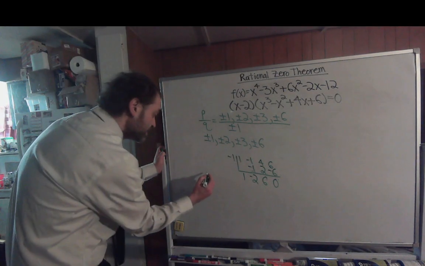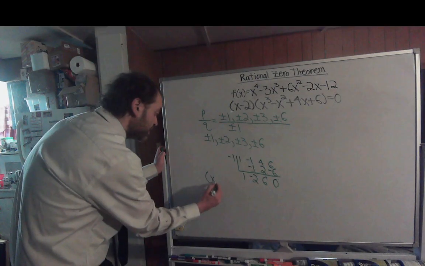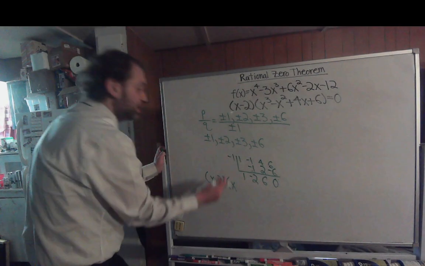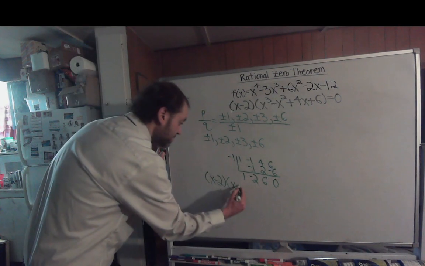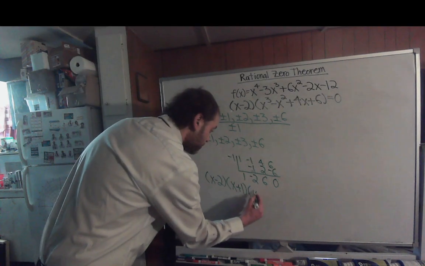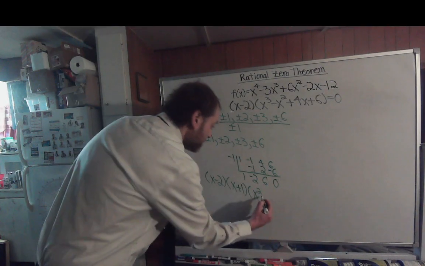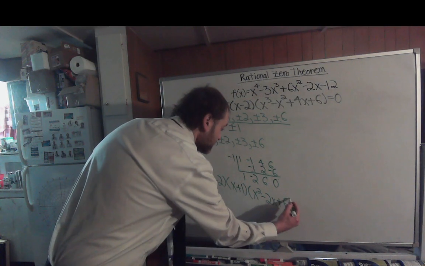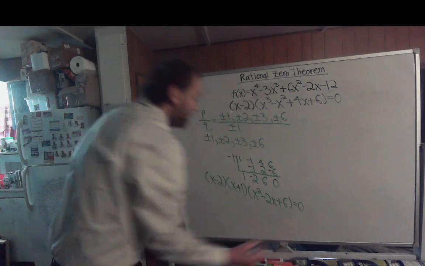So this is going to turn into the quantity of x minus 2 times the quantity of x plus 1, because if you do x minus minus 1, that'd be x plus 1, times the quantity of x squared minus 2x plus 6 is equal to 0.